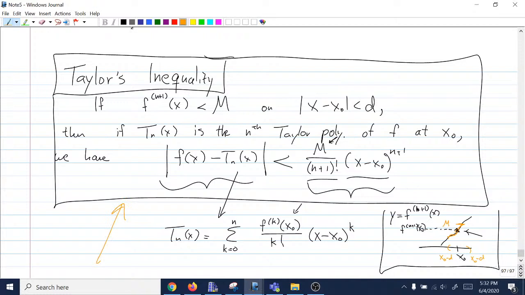What can we do with Taylor's inequality? There's a bunch of homework problems about using Taylor's inequality to say, hey, find the Taylor polynomial and say how bad this approximation is on this interval. Or say how much of an interval. There are a lot of knobs here. One, you can say that the more terms you get, this thing will probably get smaller and smaller, although maybe m is getting bigger and bigger as you approximate.